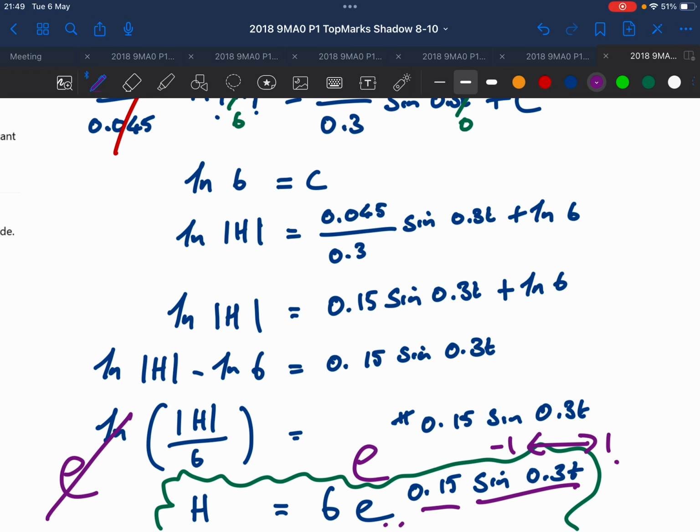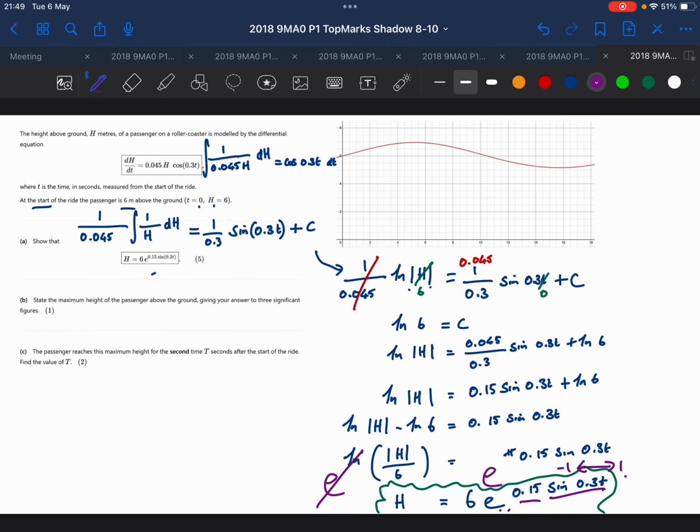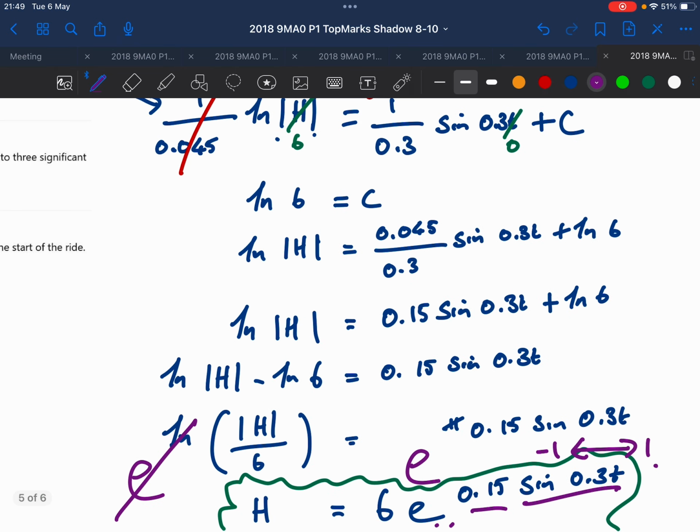So I don't think having a 0 would be helpful because it would be e to the 0, it would be 1. I think it's going to be... Let me have a little think about this for a second. Is that the best value? So 0.15. See, anything else I can do, unless I do a 0, 0 is going to give me 6.